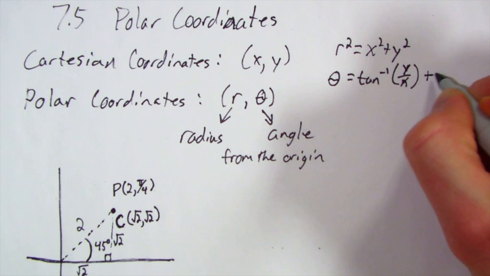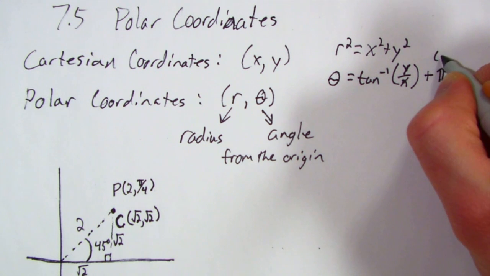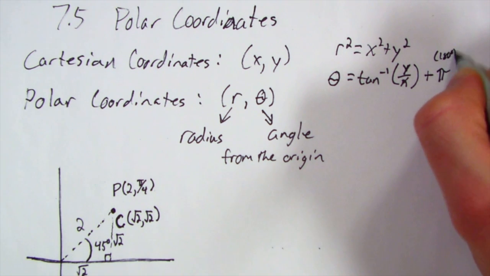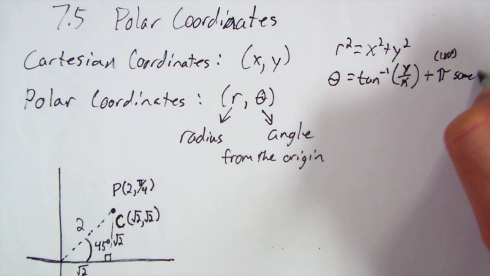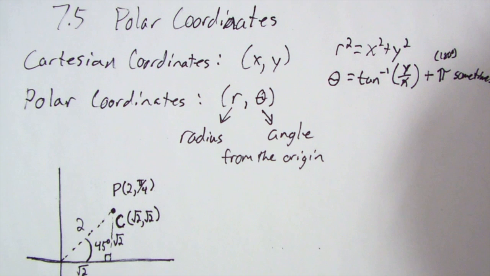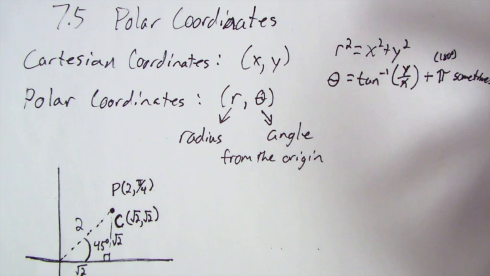Now, here's the key. This is plus pi, which is the same thing as saying plus 180 degrees, sometimes. Now, sometimes, what the heck is that all about? You're not going to tell me when? Well, I'm going to tell you when, but you're going to have to remember this.